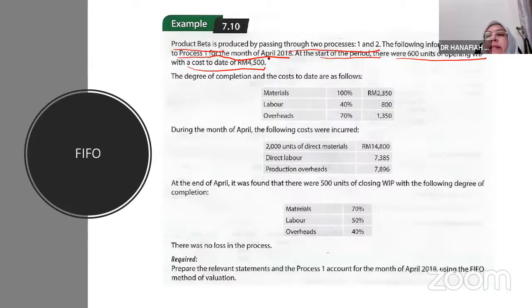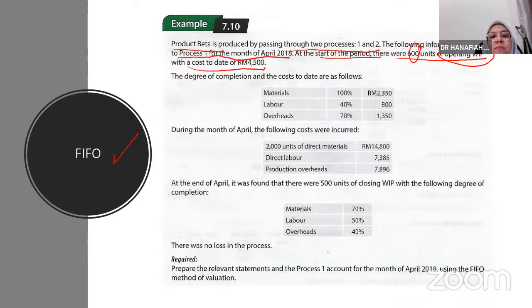Bear in mind, we have 600 opening work in progress. In the previous example, we didn't have opening work in progress, but now we do. And if we want to start with the opening work in progress, we have to consider two methods: FIFO style, and we also can use the average style. So it's more complicated now.